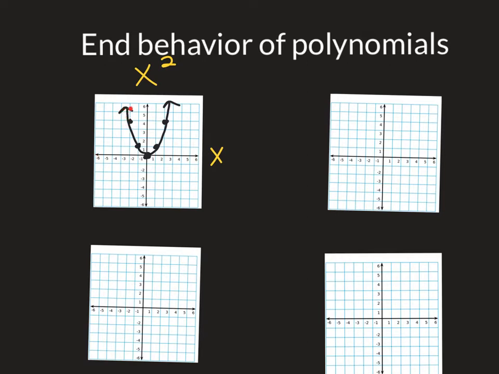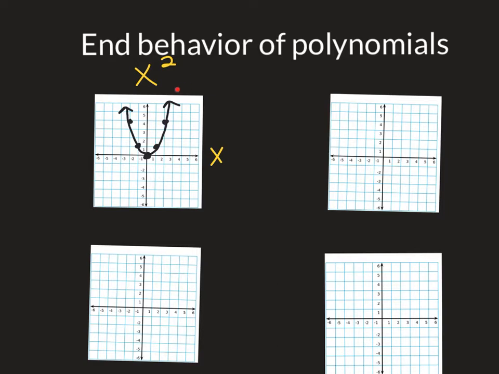It's going up towards positive infinity on the y-axis. So I might describe this behavior as the x's get very small, the y values get very large. Or as my x's approach negative infinity, then my y values will approach positive infinity. They're going to 5, 6, 7, 8, 9, all the way up.